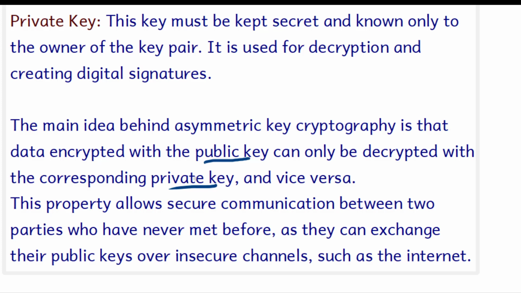And data which is signed using the private key can only be unsigned using the public key. This property allows secure communication between two parties who have never met before. They can exchange the public key using an insecure channel such as the internet.